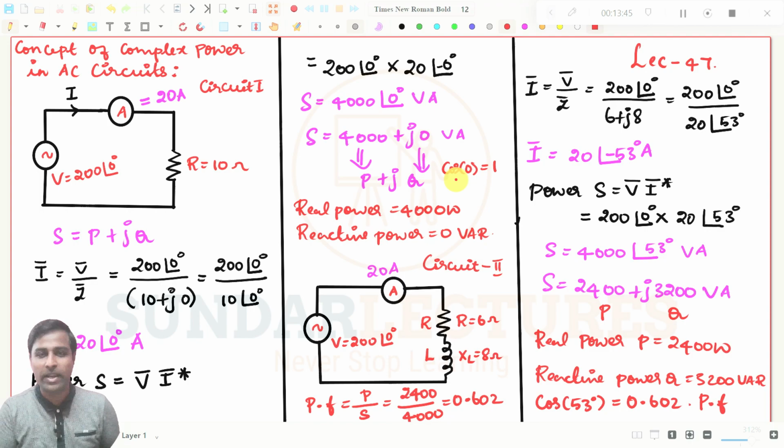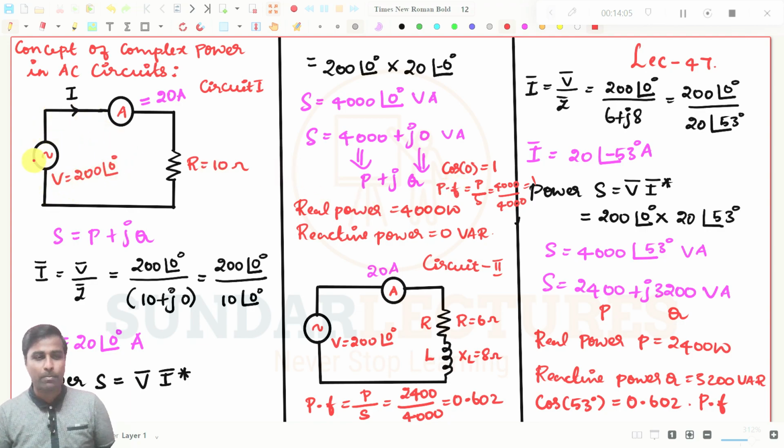Or you can go by like this: power factor is equal to P by S. What is P here? 4000. And S here is also 4000, and you will get 1. So the whole apparent power has been utilized in the resistor. That is the difference. So the other circuit is not utilizing the whole power.